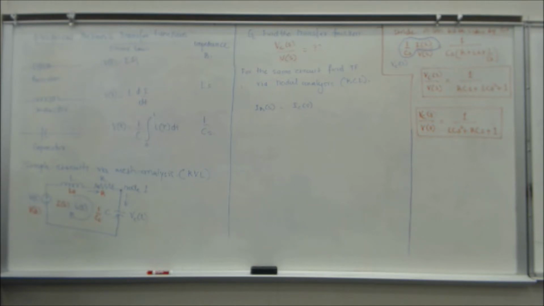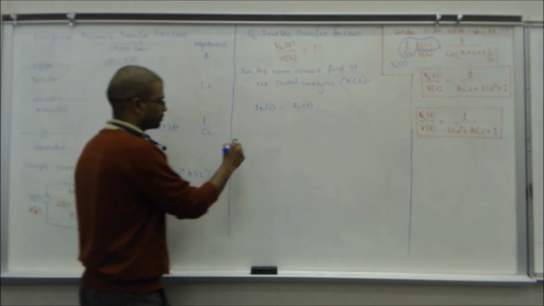When they're in series, you can add resistors. Correct? Resistors straight across. What about the current? The current flowing through these is the same. Okay. So IR is the same as this. The voltage gets split for series.